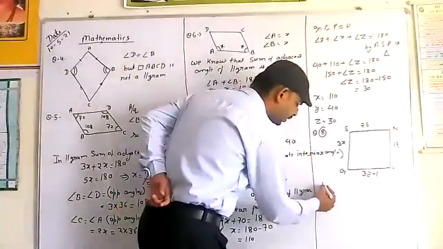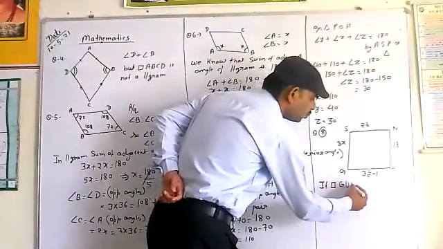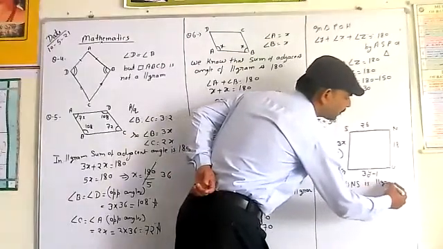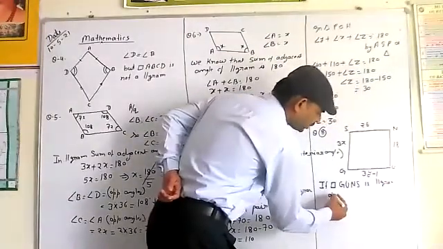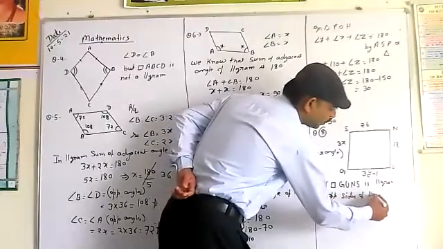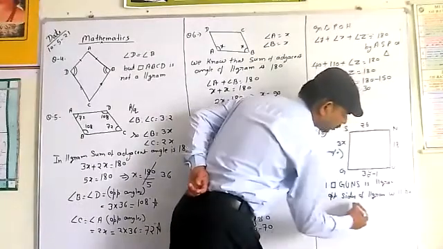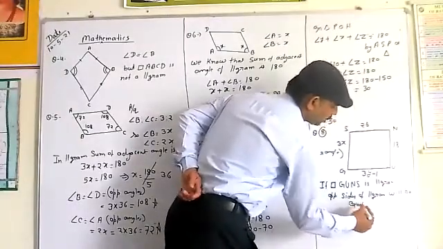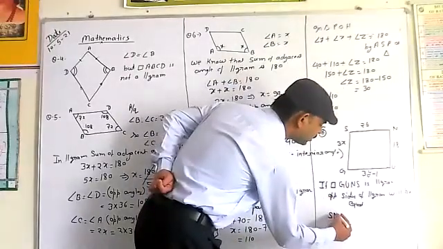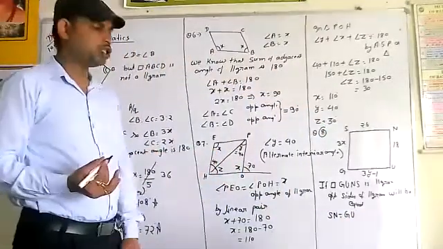यानी लिखेंगे if quadrilateral GUNS is a parallelogram, so opposite sides of a parallelogram will be equal. So here SN is equal to GU.